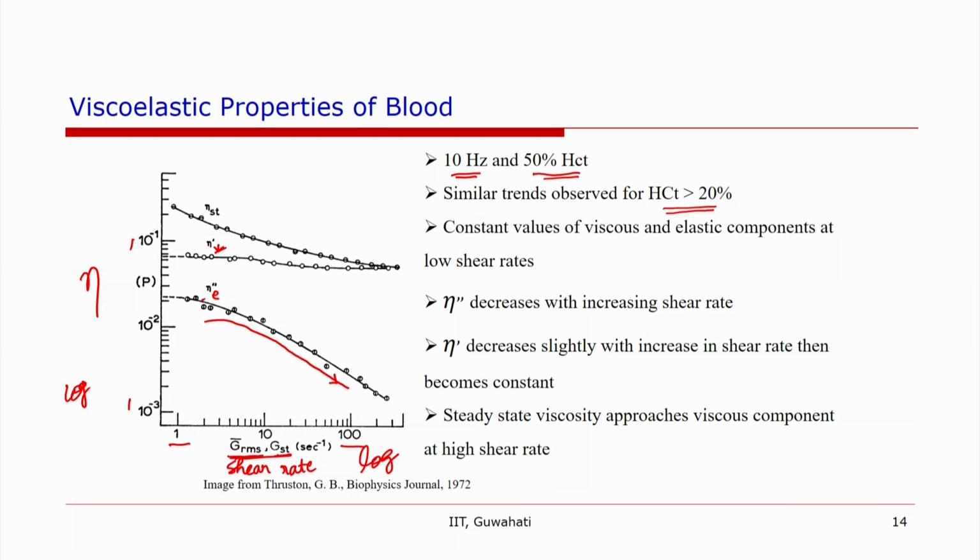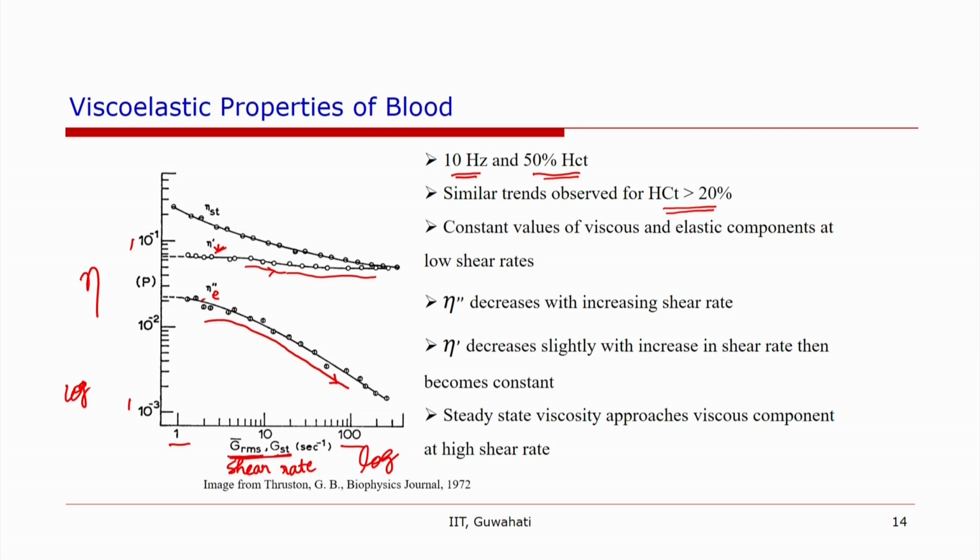The elastic component, which is the imaginary component of the complex viscosity, decreases continuously with the increasing shear rate, whereas the viscous component of viscosity decreases slightly, and then it becomes constant and remains constant.